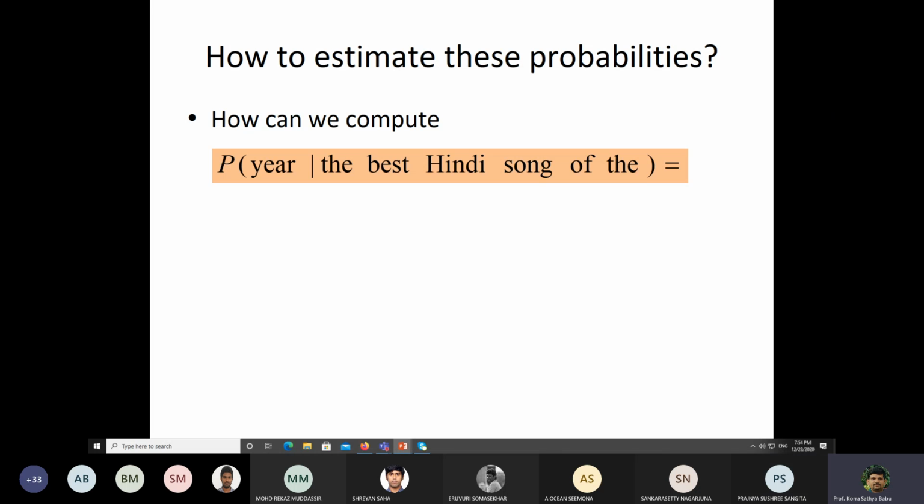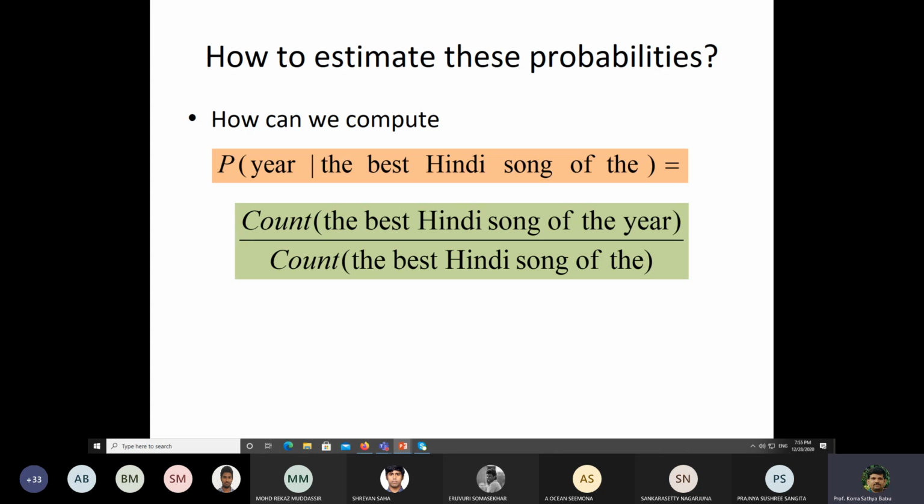So how can we compute the probability of "year" given "the best Hindi song of the"? Generally, it is computed in this way, like a count.